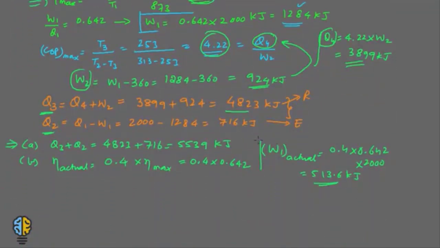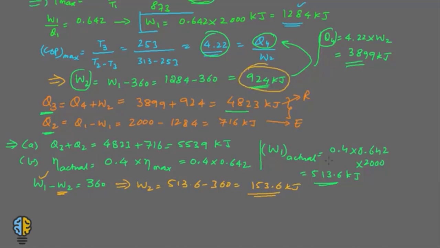Now this would change the value of W2 as well, because W1 minus W2 is given to us as 360. Let's put in the value of W1 and find W2: 513.6 minus 360, which is equal to 153.6 kilojoules. So there is a huge reduction in the value of W2 as well, from 924 to almost 154.